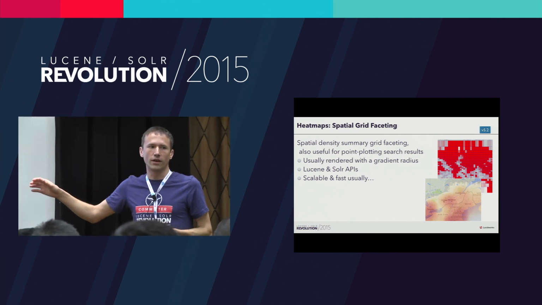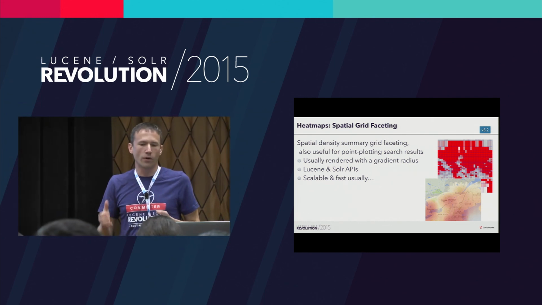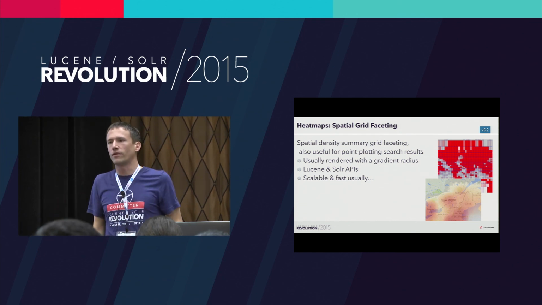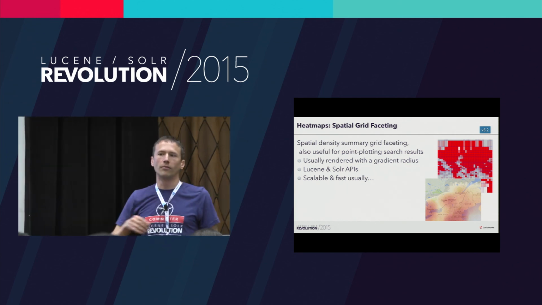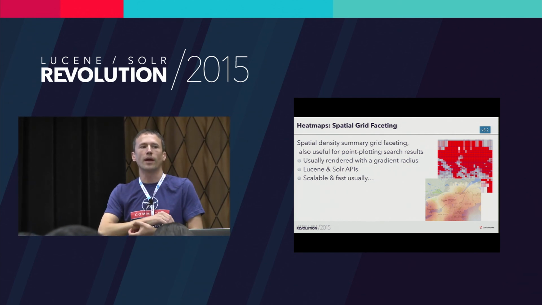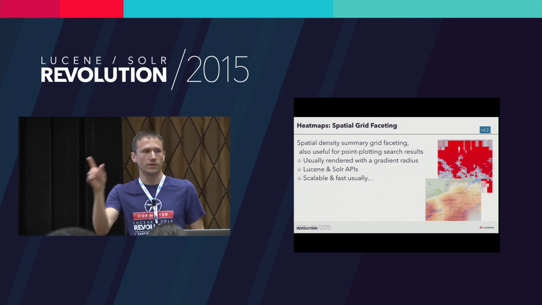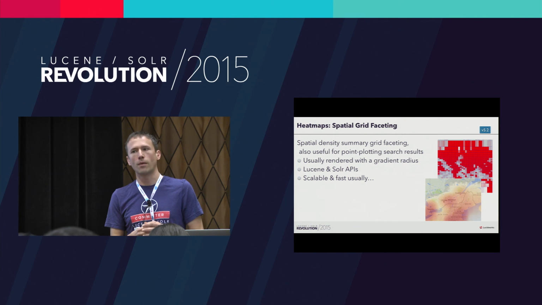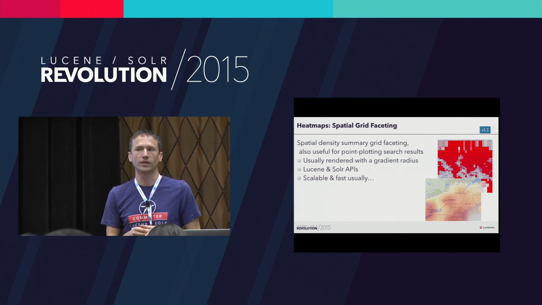I've worked in scenarios where, instead of the top 10, you want to show everything. And who knows what everything is? Maybe everything is 10 things, or maybe it's so dense it looks like that. So you can do very high density heat maps as well, close to the resolution of your map window, which is 1,000, whatever it is. They'll use a lot of memory, but at that point you're talking about a point plotting use case. I wanted to mention that as well.